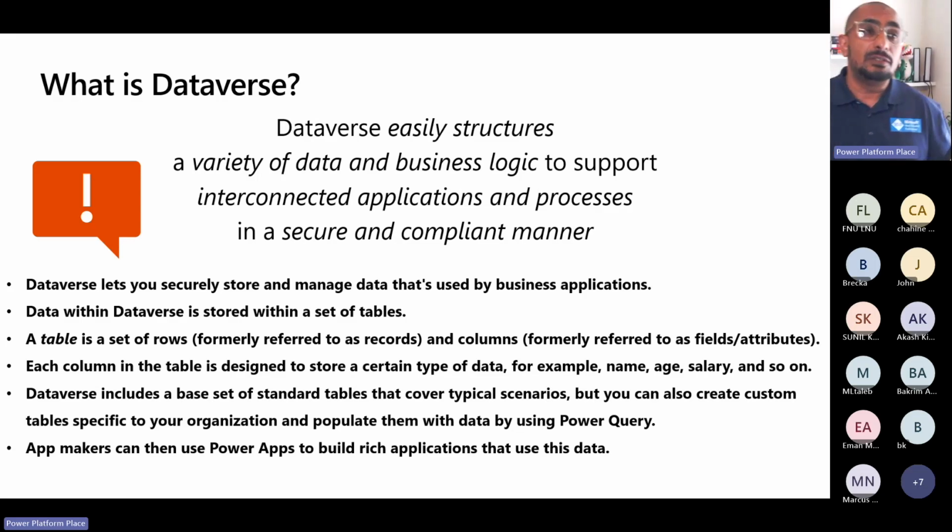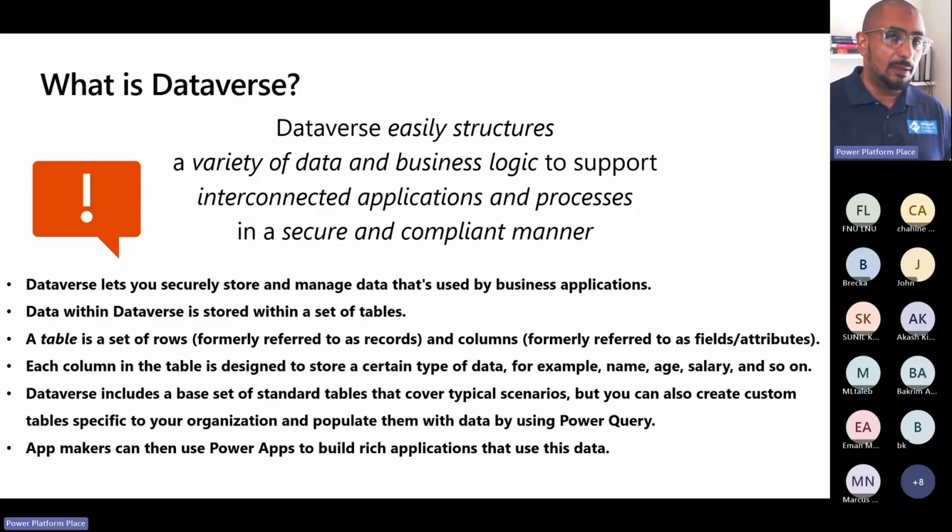Again, remember, Dataverse was not built to be just another database compared to SQL or Oracle, or Snowflake. It was meant to be the support database for the business applications that we are going to develop on that platform. So data within Dataverse is stored in tables. A table is a set of rows, formally referred to as records.